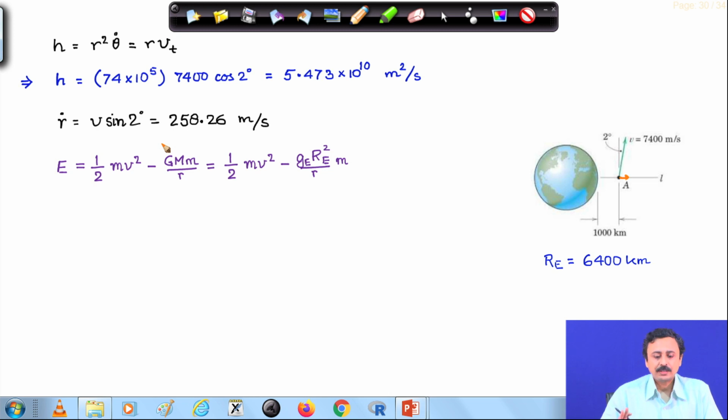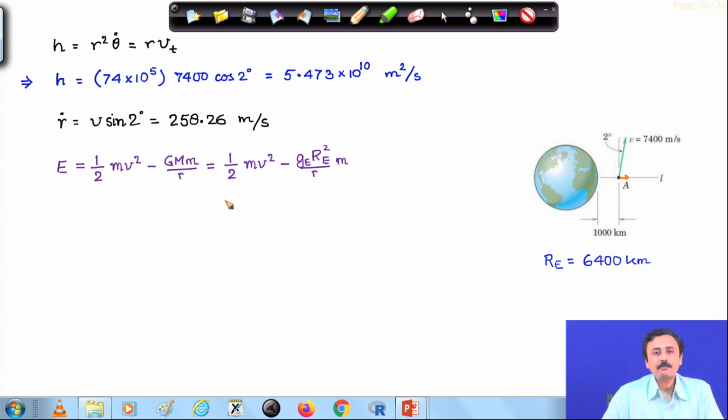Therefore, we have first calculated this constant angular momentum per unit mass h, and we have calculated r dot, and we definitely know v t. We can now substitute in this expression of energy and calculate the eccentricity of the path. For example, we find out the energy.